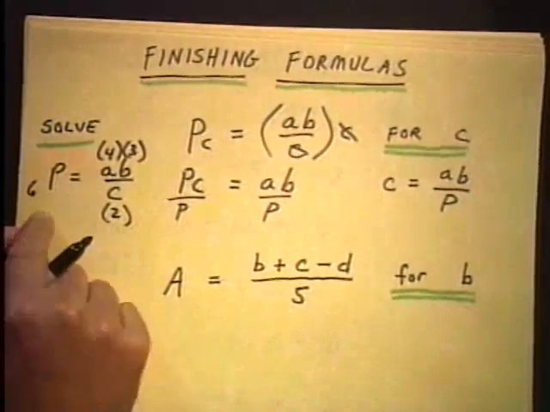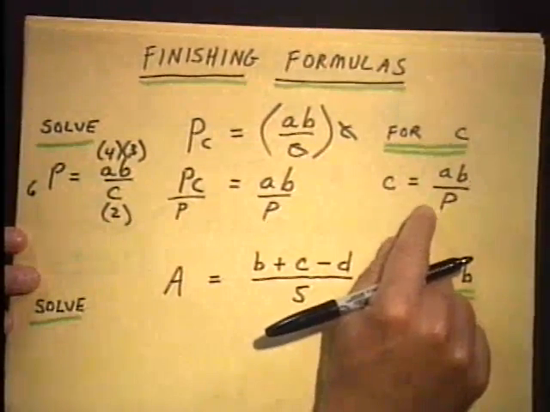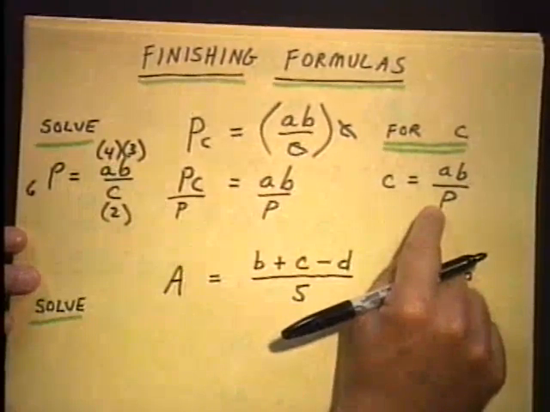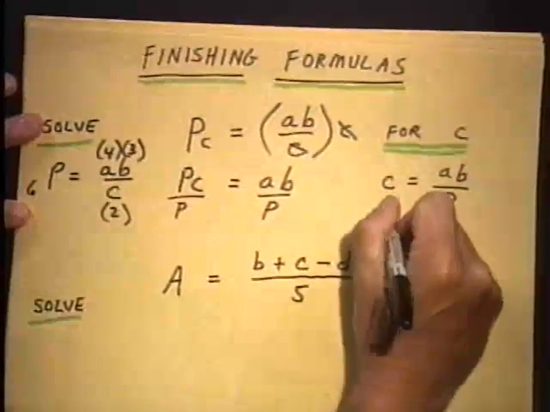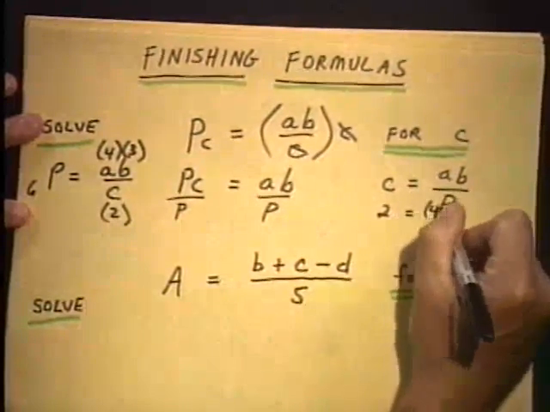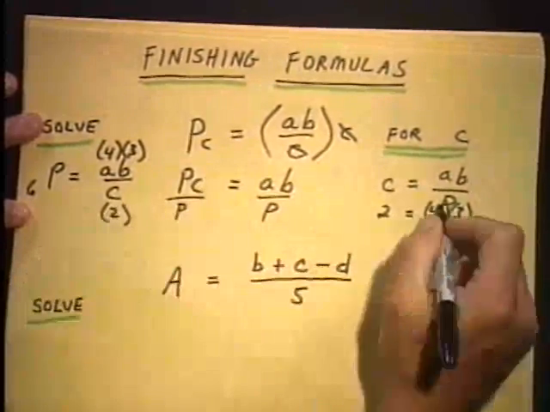So in my finished formula over here, when I solve for C and I got C by itself, these numbers should also work in this solution as well. So let's see if they do. We said that C was 2 over here, so we'll put 2 in for C, equals A times B is 4 times 3, all divided by P we said was 6.